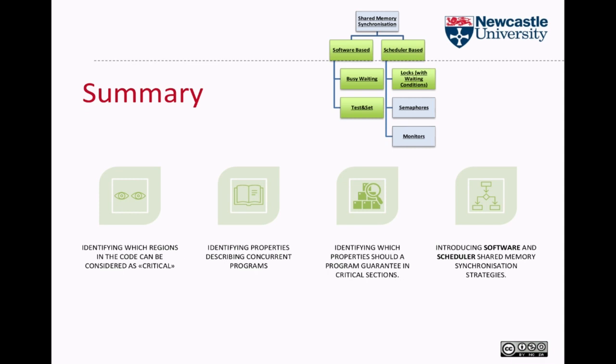And test and set, which is actually quite a spurious definition of software-based, because here in Java we're not going to use any kind of processor-provided operations. But nowadays, even in modern architectures, you also have test and sets at the instruction level of the processor itself. So it's quite a spurious definition.